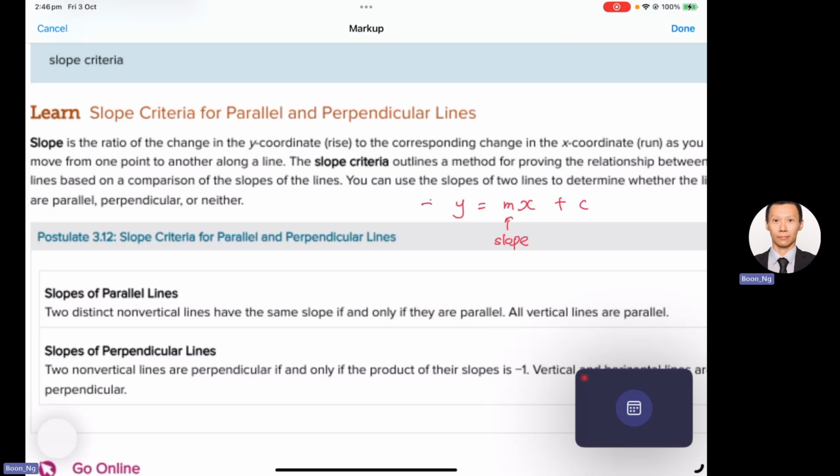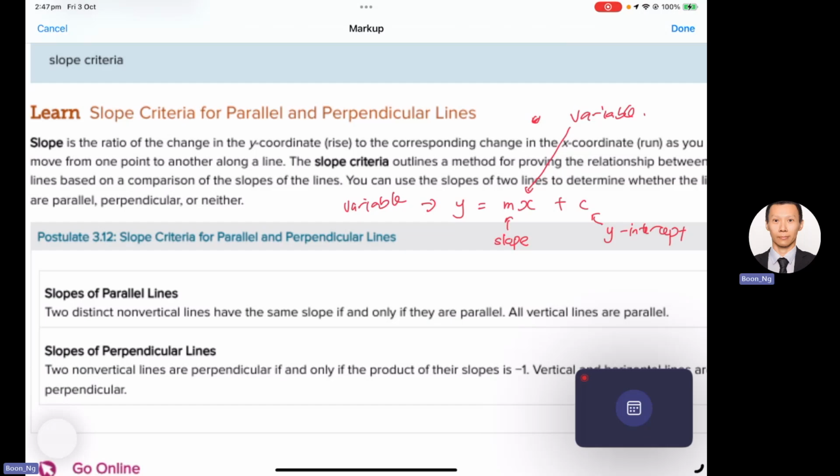And we know that x is a variable. x is also another variable. c is the intercept, the y-intercept. We'll go through it right now.